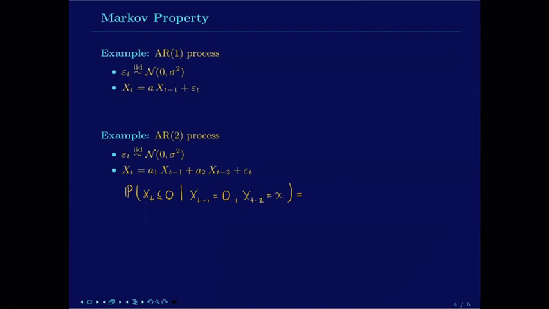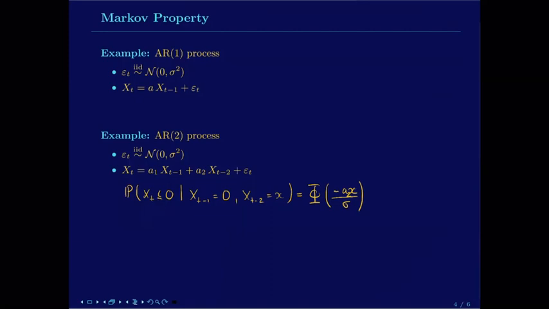So the probability that this is smaller or equal 0 equals the CDF of a standard normally distributed random variable at minus a2 times x divided by sigma. And as we vary x, we get here different probabilities for the probability that xt is smaller or equals 0.